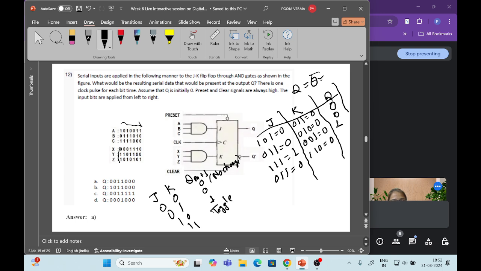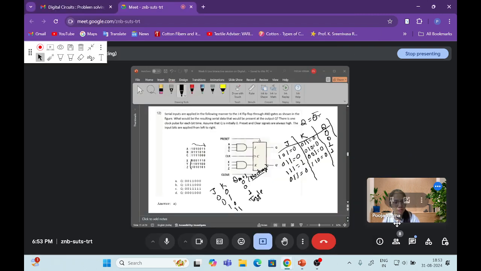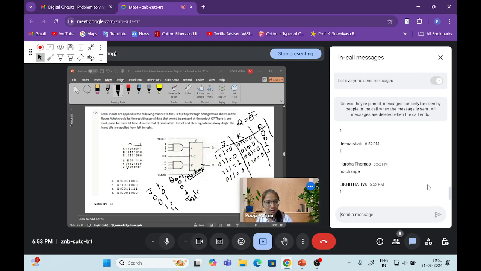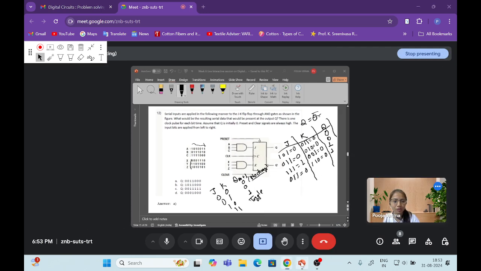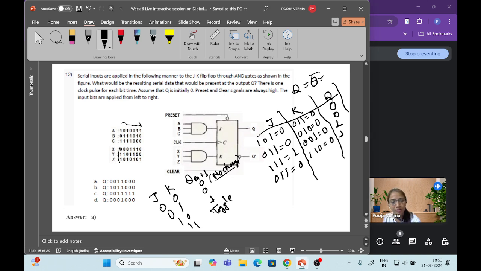What will we get? 0 or 1? Because whatever the output is stored, that will be the no change condition. So again it will be 1 only, because the previous output is stored in the memory as 1, so it will be 1 only. Okay, have you got it? Yeah, no change, right? So output will be 1 only.